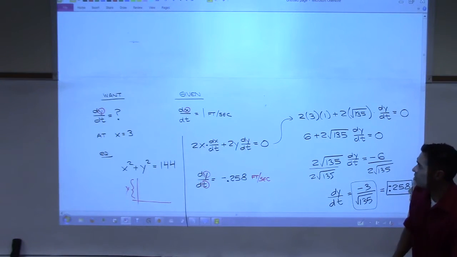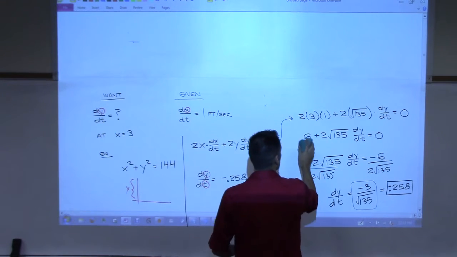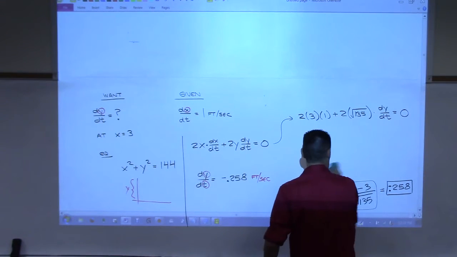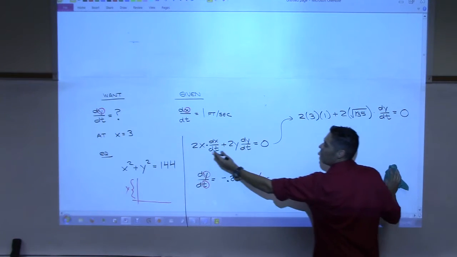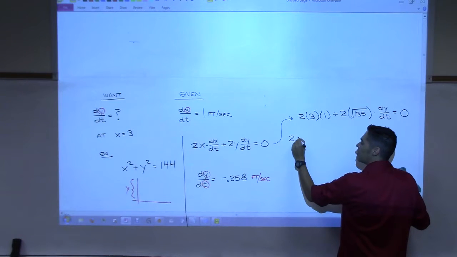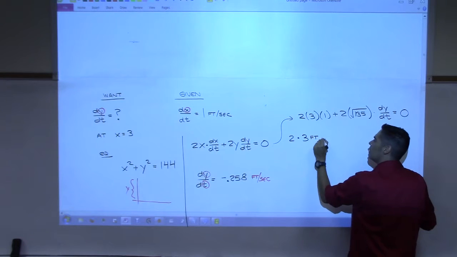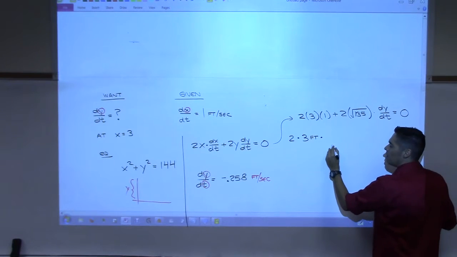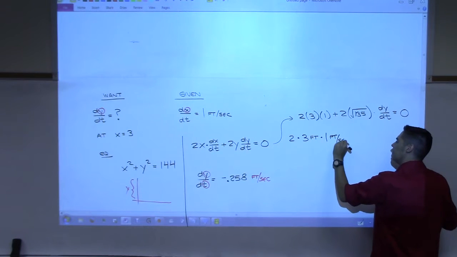Now, if you were to do the dimensional analysis in here, let me show you. Here's what the dimensional analysis would have looked like. And some of you are going, dimensional what? Okay, so look, if I were to rewrite this, I technically should have written 2 times x was 3, 3 what? 3 feet, times 1 what? dx/dt, that was 1 foot per second.